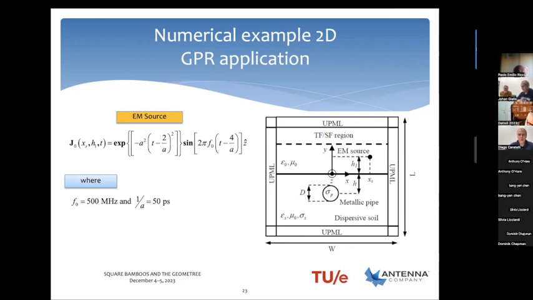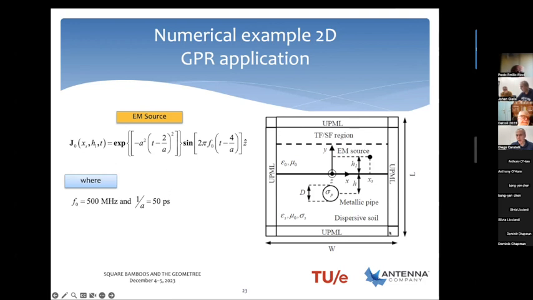This is an example relevant to the GPR, the electromagnetic survey of subsurface, containing a metal pipe. To this end, we consider an electromagnetic illumination source, described by a current filament with a modulated Gaussian pulse described analytically by the expression here on the left-hand side.